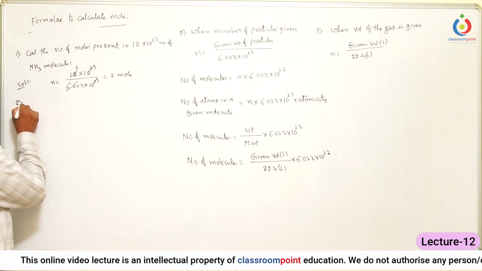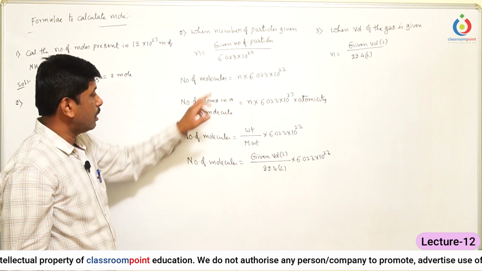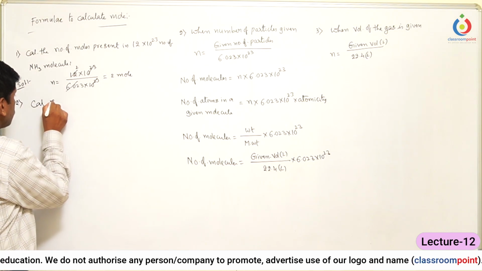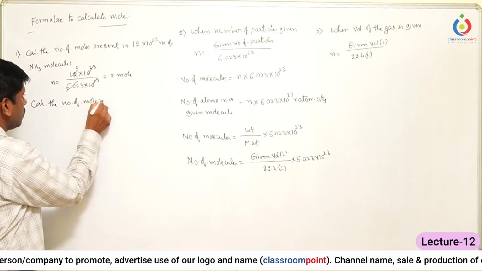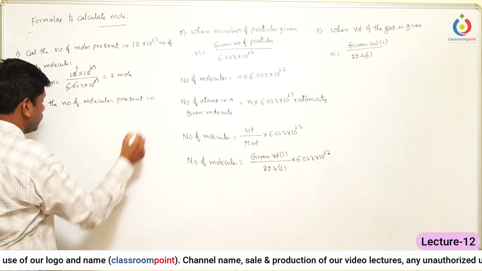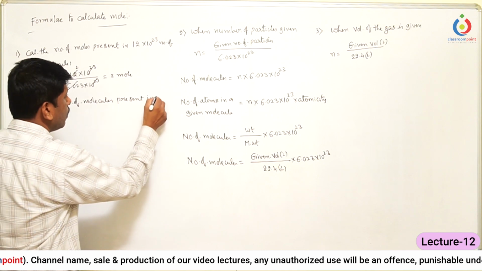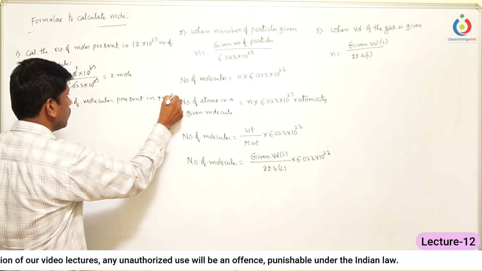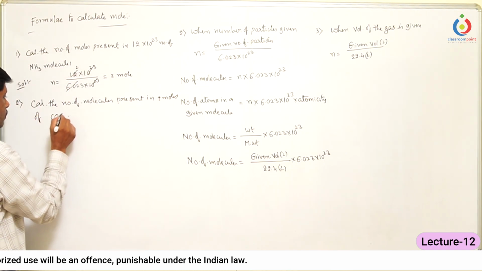So let us see the second one. In the second one, let us see the calculation of the number of molecules. Calculate the number of molecules present in, let us take 2 moles of CO2.